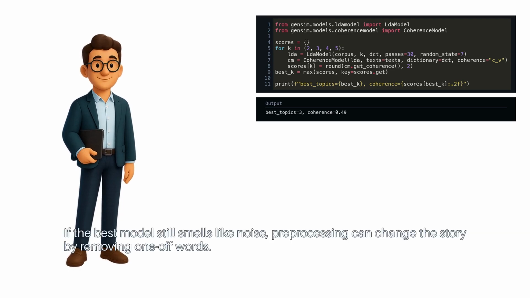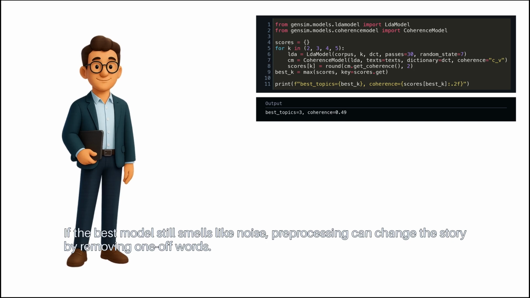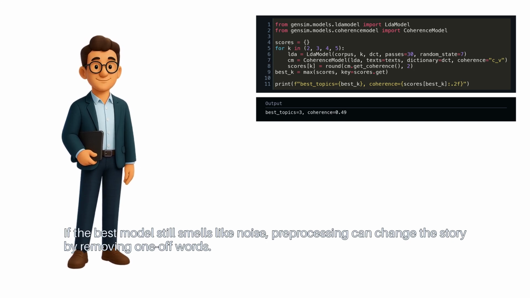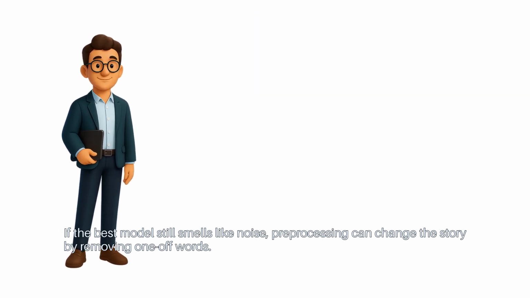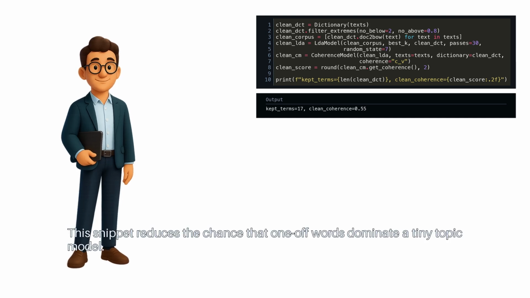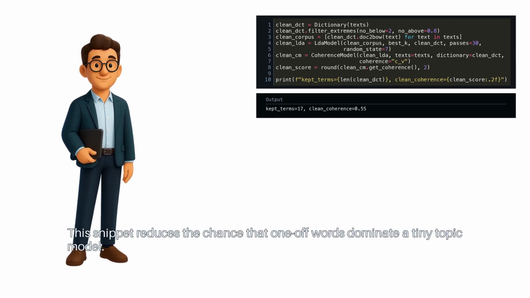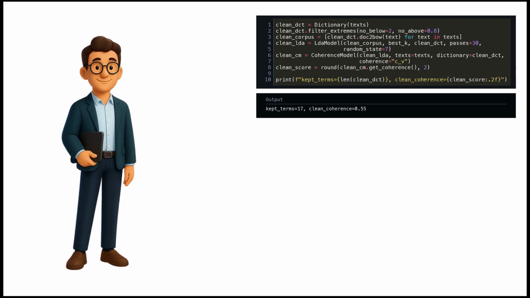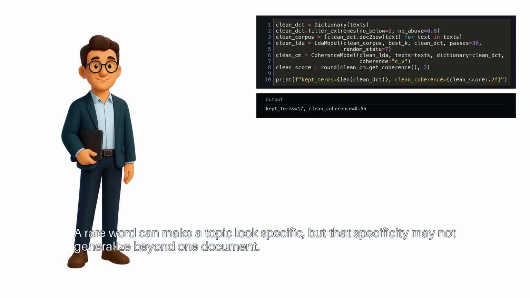If the best model still smells like noise, pre-processing can change the story by removing one-off words. This snippet reduces the chance that one-off words dominate a tiny topic model. A rare word can make a topic look specific, but that specificity may not generalize beyond one document.